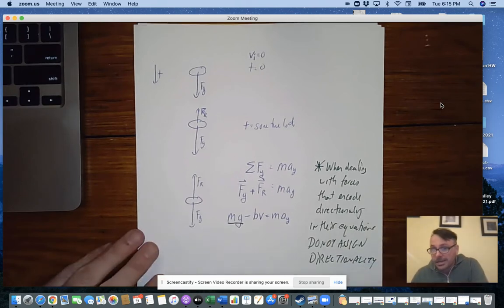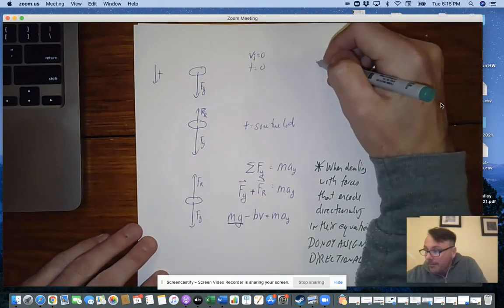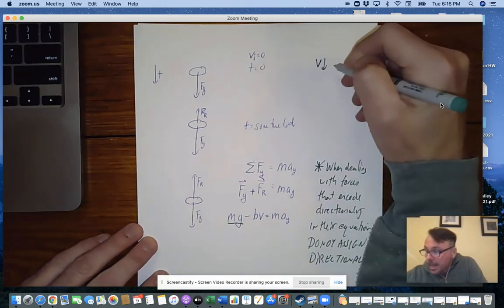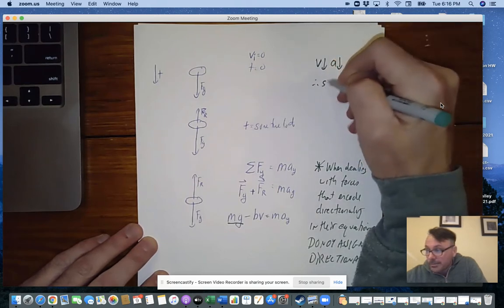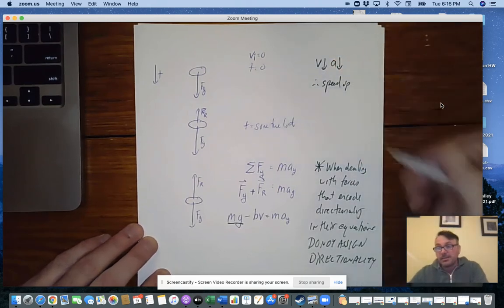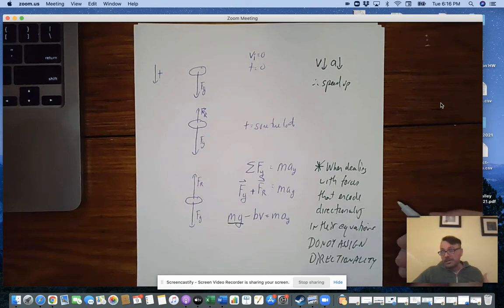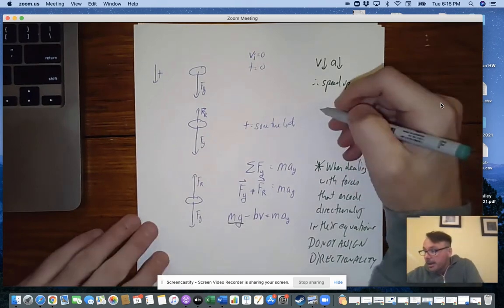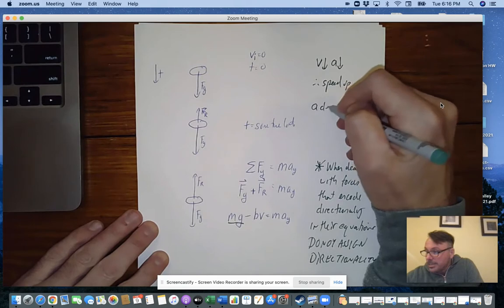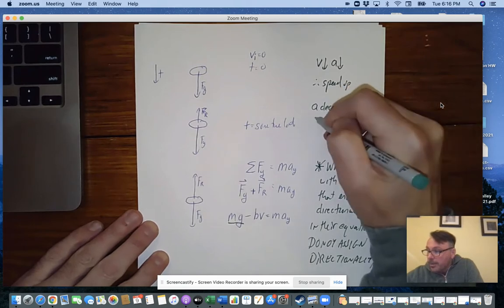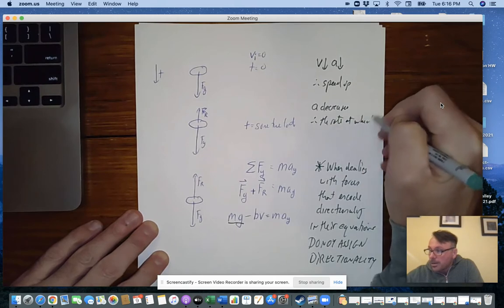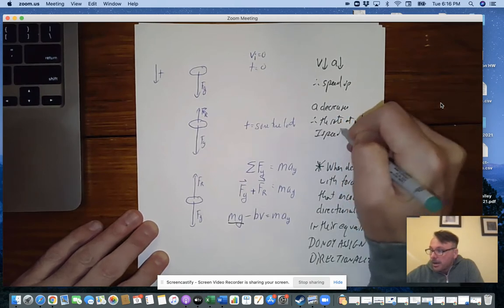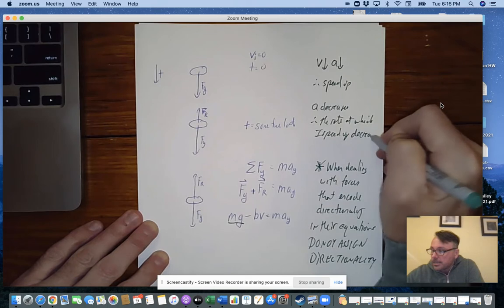But notice here, no matter what, my velocity is downwards and my acceleration is downwards. Therefore, this object is going to speed up because the velocity and acceleration are in the same direction. But because a decreases over time, the rate at which I speed up decreases.